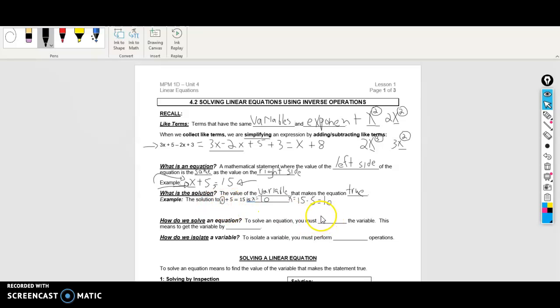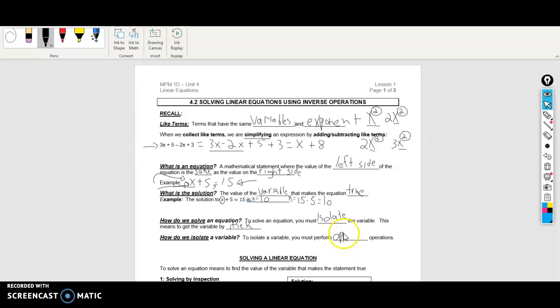So to solve an equation, you must first isolate the variable. This means that you really need to get the variable by itself in the equation. So to isolate a variable, what you need to do is something called opposite or inverse operations.